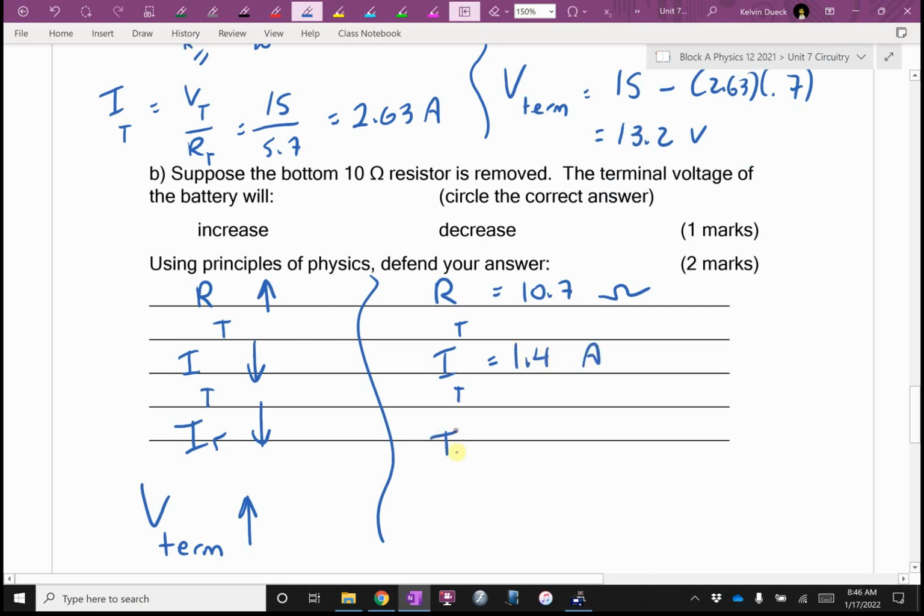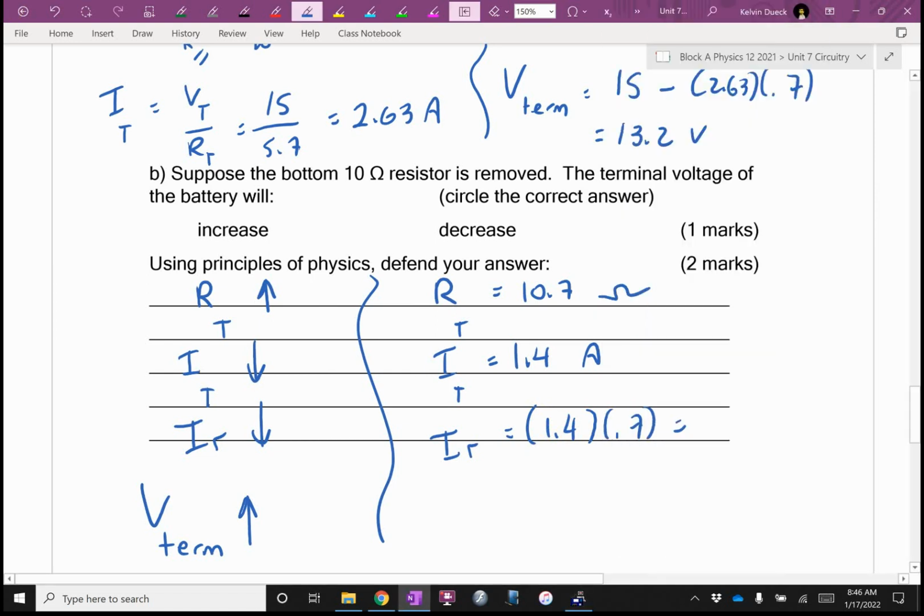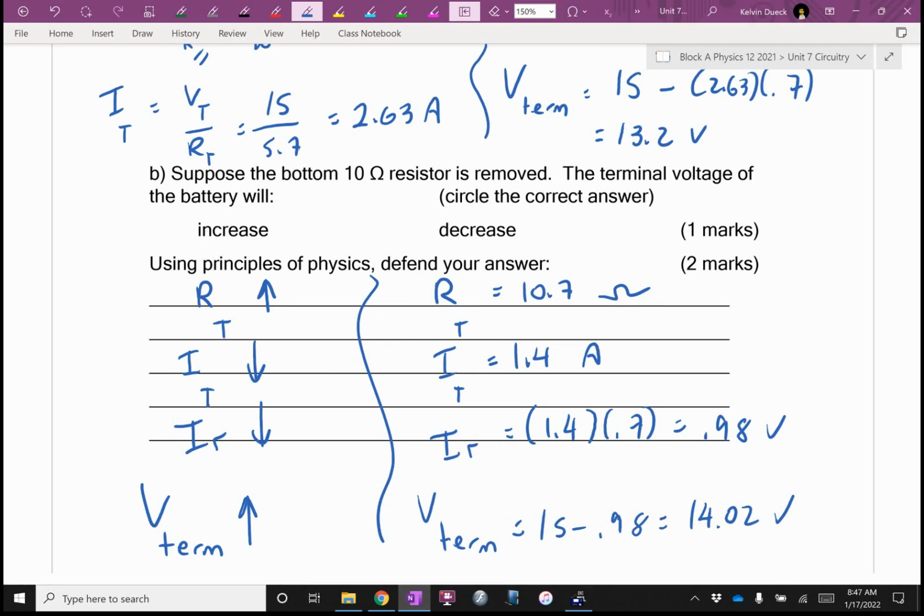And so I times little r would be 1.4 times 0.7, 0.98. And so the terminal voltage is going to be 15 minus 0.98, which I'm pretty sure is 14.02 volts. So instead of 13.2, we got basically 14 volts.